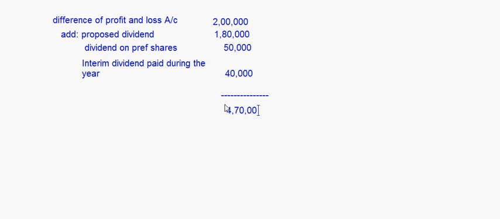So this cash flow from operating activities is 4,70,000, right? Okay. Now this is one of the starting points for all your cash flow from operating activities.